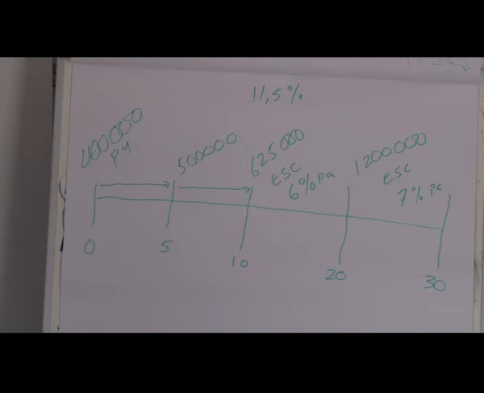Okay. From year 1 to year 5, there was no escalation. So you would treat that as a present value of an annuity, as we learned in first year. They are annual payments. So we have to set your calculator to 1 per year.